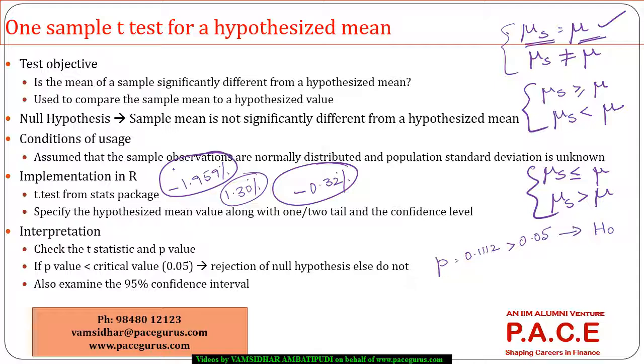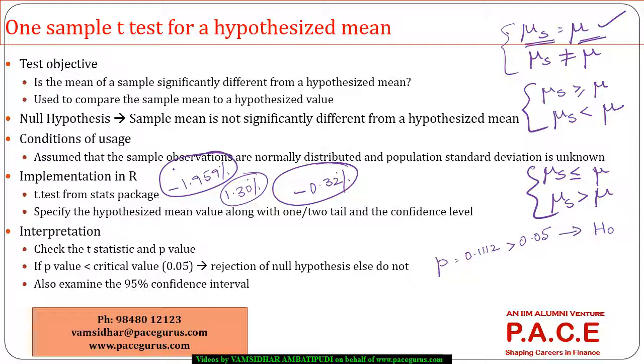So there is no way I can reject this null hypothesis. I don't have solid evidence to reject this null hypothesis of 1% return. So I am fairly assuming that there is a possibility of getting 1% return. I cannot reject the null hypothesis at 95% confidence level.